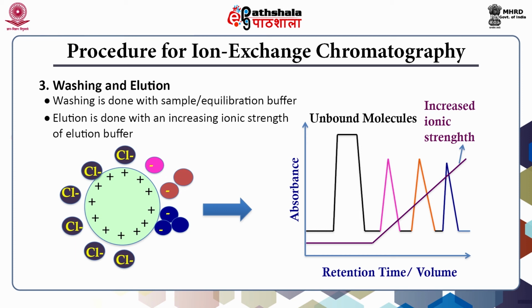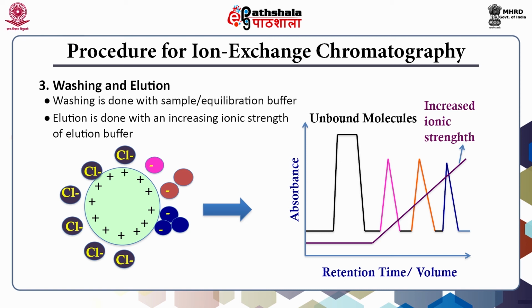If you see the third peak, which is a blue peak, that represents the blue molecule, which has two negative charges on its surface. Compared to one negative charge, it has two negative charges, so it needs more ionic strength to be replaced from the surface. That is why the blue peak is coming as the third sharp peak.